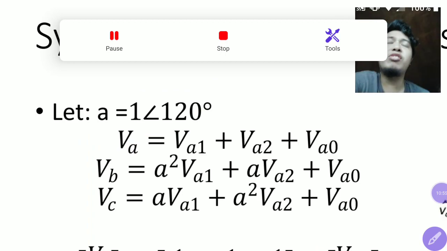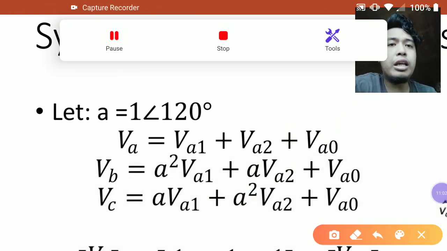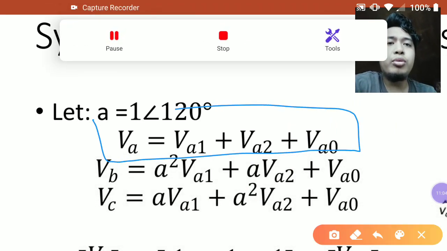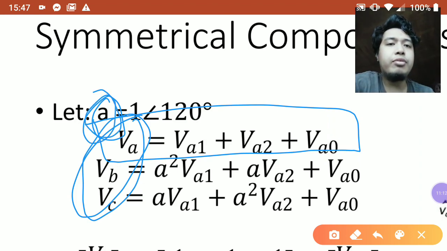It's just a displacement multiplier. So the idea is that if you represent all of these unbalanced sets into a vector of A's, you have VA is VA1 plus VA2 and VA0.